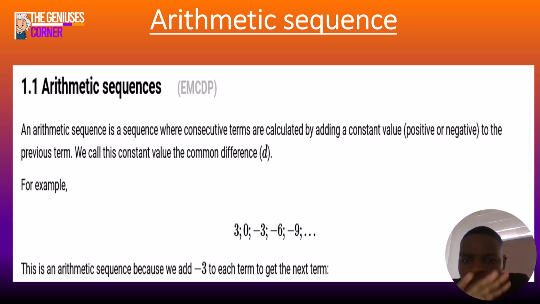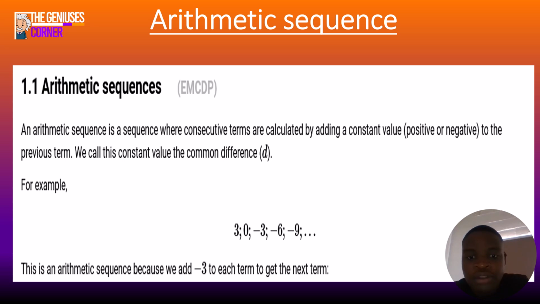Now we start with the arithmetic sequence. An arithmetic sequence is a sequence where the consecutive terms are calculated by adding a constant value. It can be positive or negative.